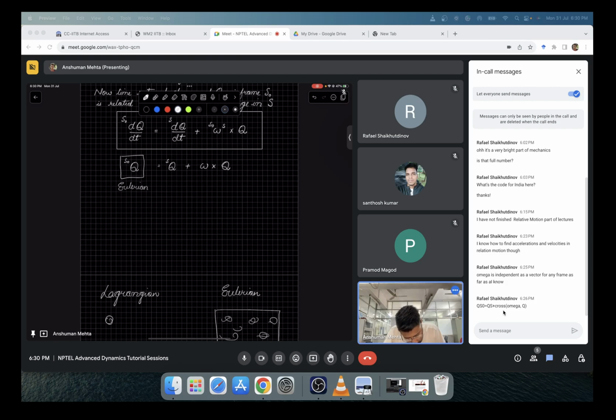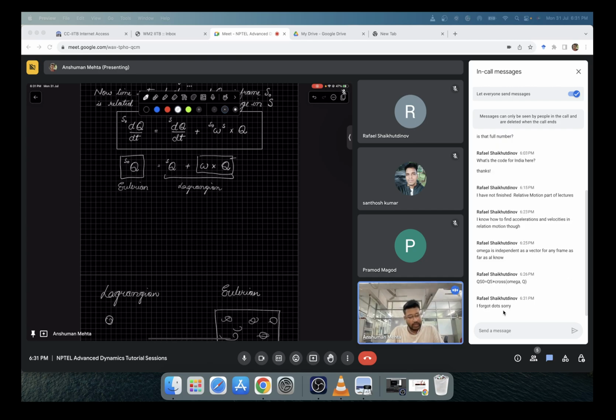What we will get to know afterwards is that if we consider forces, these are called pseudo forces. To keep things simple, I have just said here it is constant, though it's not necessarily constant.